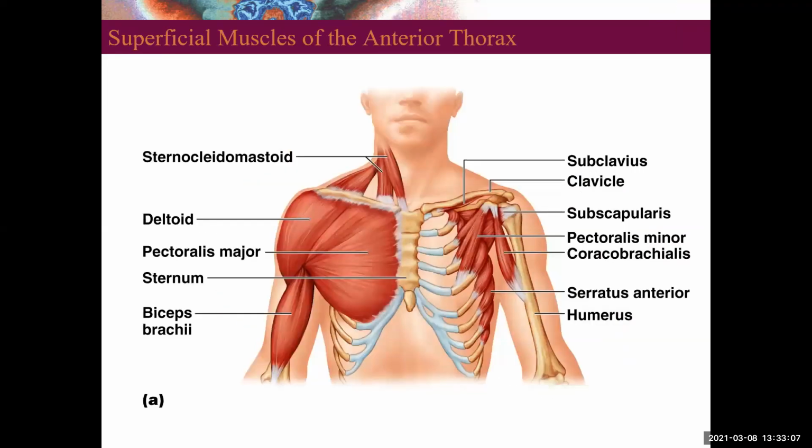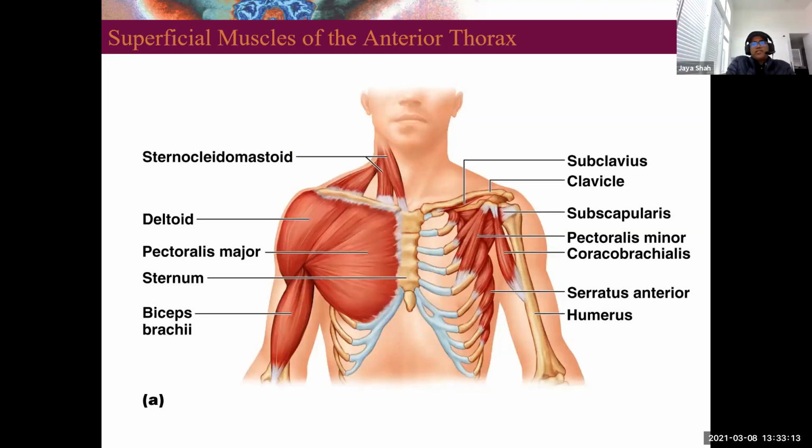Okay, so the superficial muscles of the anterior thorax now. Sternocleidomastoid again, the pectoralis major, biceps brachii, deltoid.